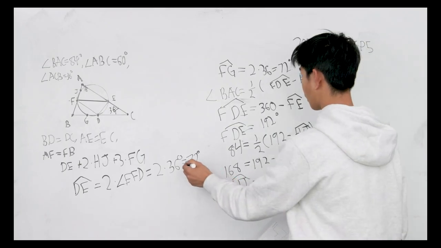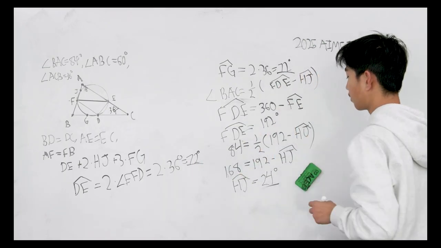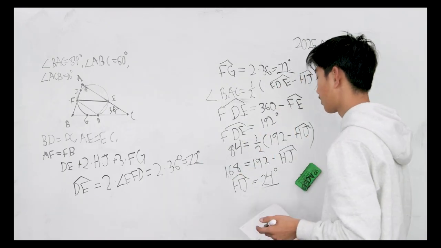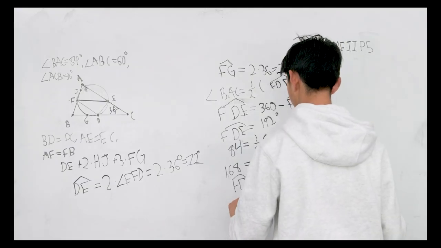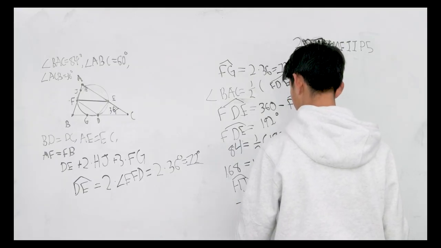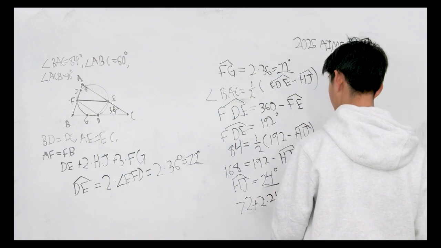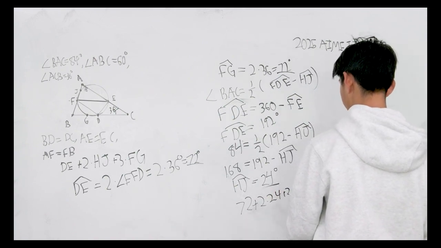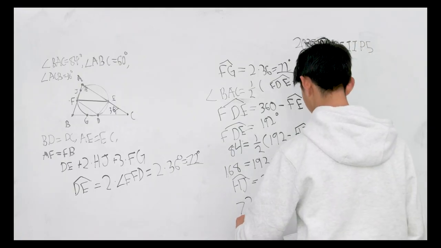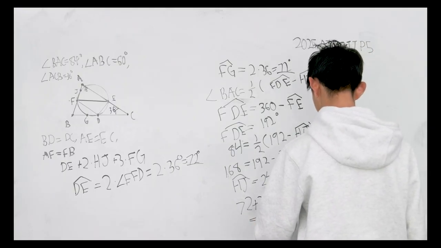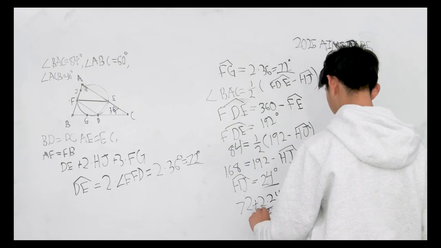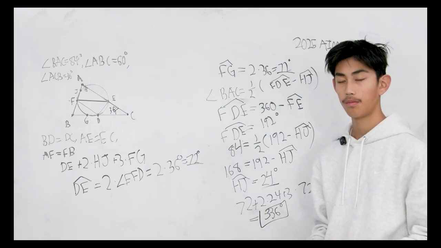And now we have all our lengths, 72, 72, and 24. So we want the sum 72 plus 2 times 24 plus 3 times 72, which is 336 degrees, our answer for this problem.